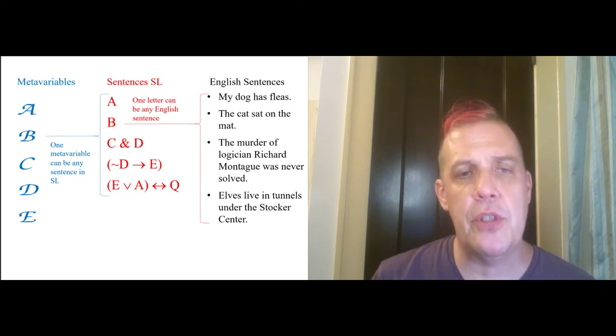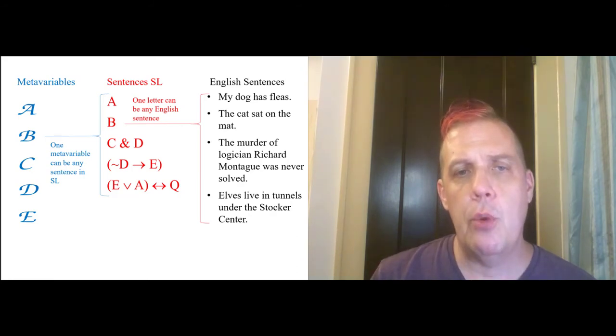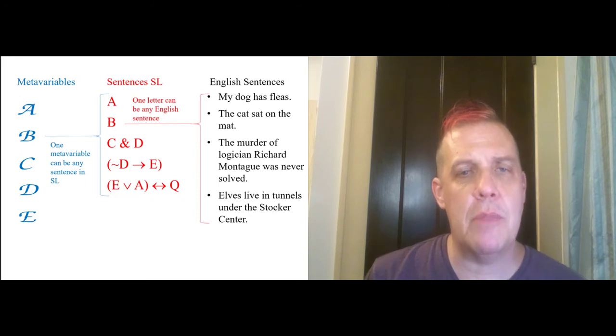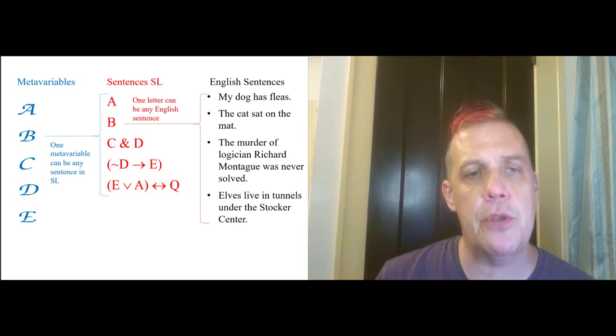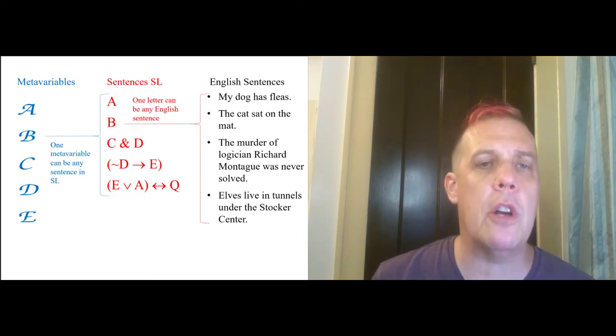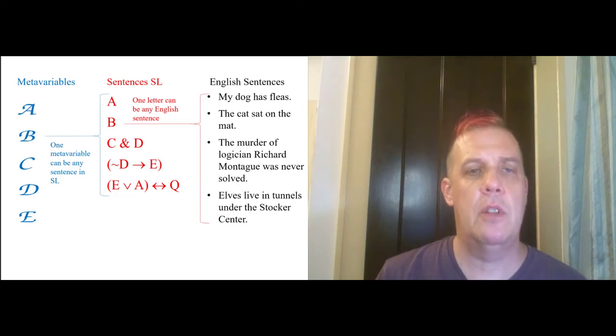SL has variables in it. These are the sentence letters. In order to build SL, we need this scaffolding, which is called the meta-language. The meta-language consists of ordinary English plus a few additional special symbols. These special symbols aren't a part of SL, but they help us make SL.